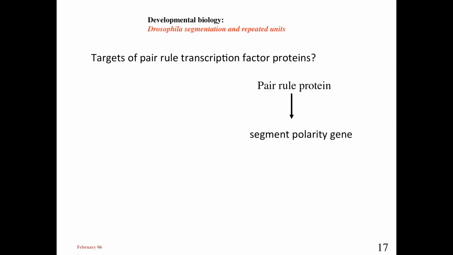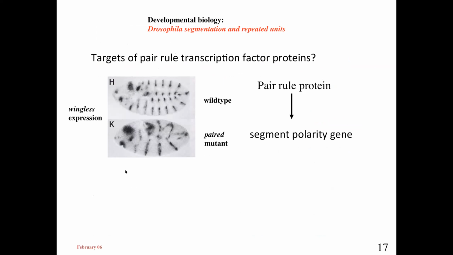The stripes that you see for even skipped may have further segregation in them depending on the other pair rule genes. And the combination of the pair rule genes is going to give rise to the segment polarity genes, which are basically these signaling pathways. Does that make sense to you now?